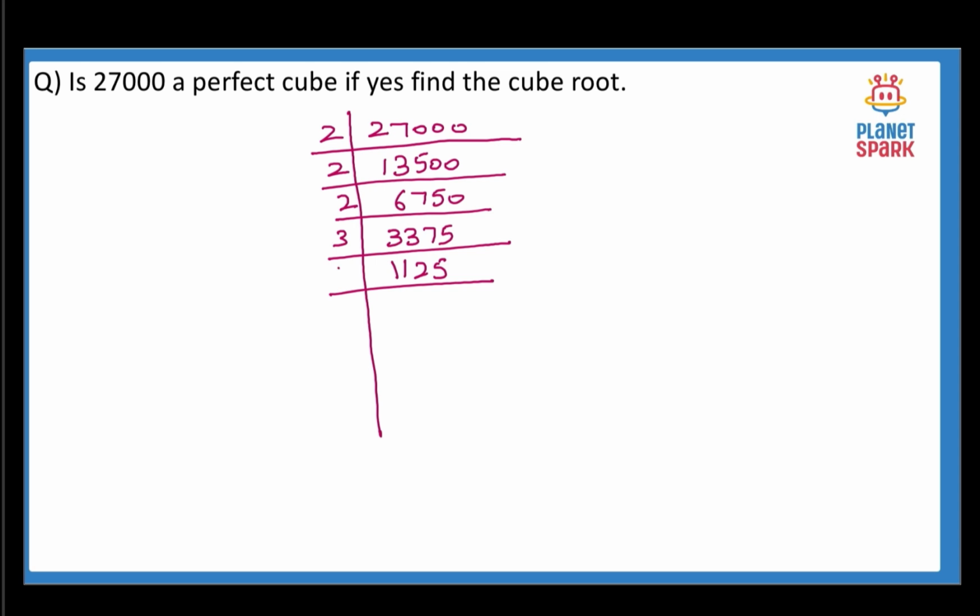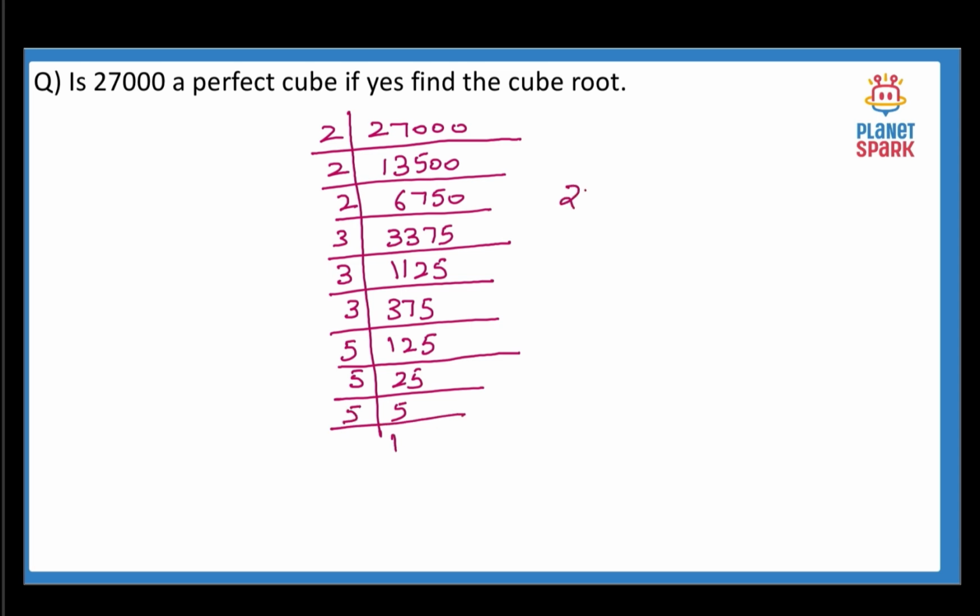Dividing 3,375 by 3, we get 1,125. Dividing by 3, we'll get 375. 375 divided by 3, I'll get 125. Now 125 is divisible by 5. Dividing it by 5, I'll get 25. Further dividing it by 5, I'll get 5. Again dividing by 5, I will get 1.